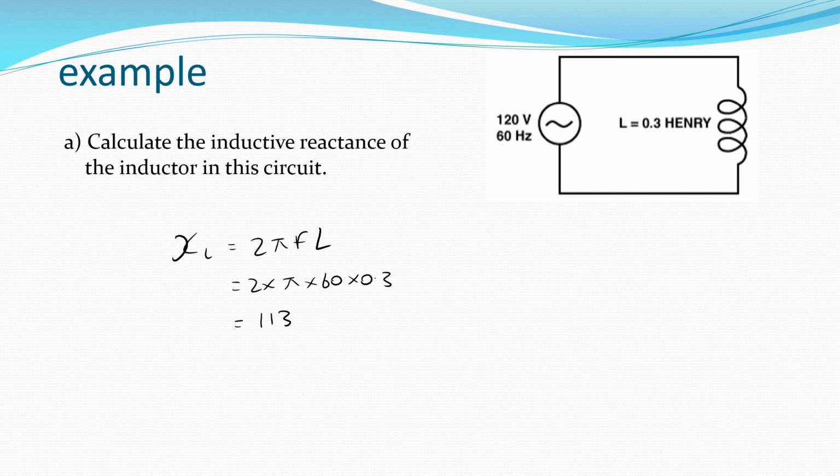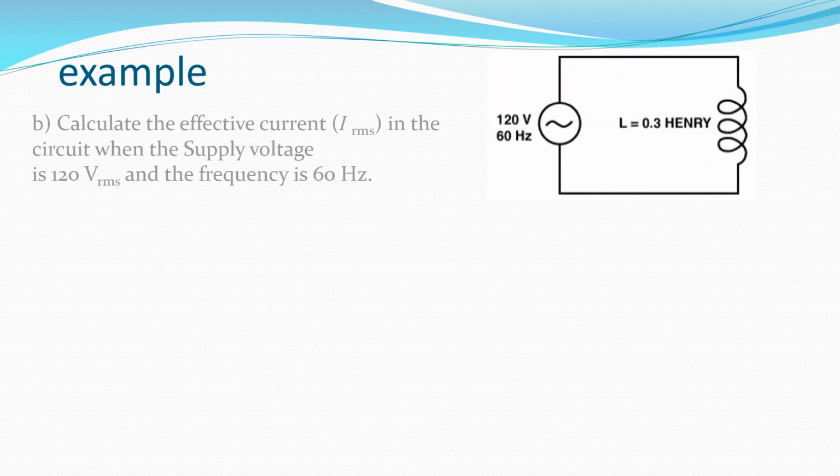And normally we would choose ohms as our unit. In part B, we need to calculate the effective current IRMS of the circuit when the supply voltage is 120 volts VRMS and the frequency is 60 Hertz. So we've already worked out our inductive reactance. We said that was equal to 113 ohms.